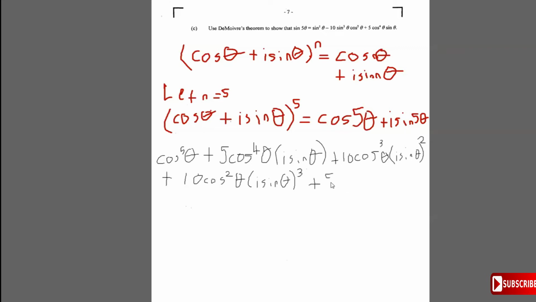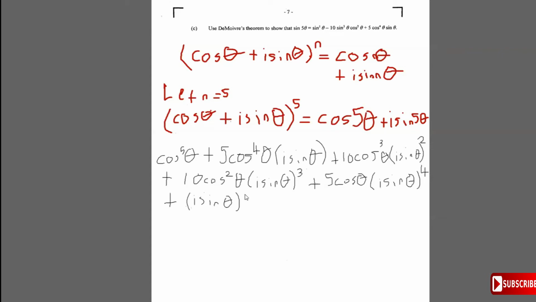So now it is plus 5 cos theta times I sine theta to the 4, plus I sine theta to the 5th power. And that's how we expand all of that.